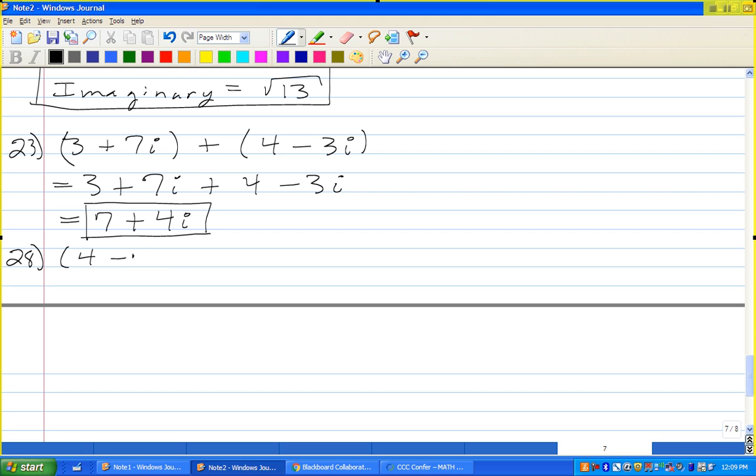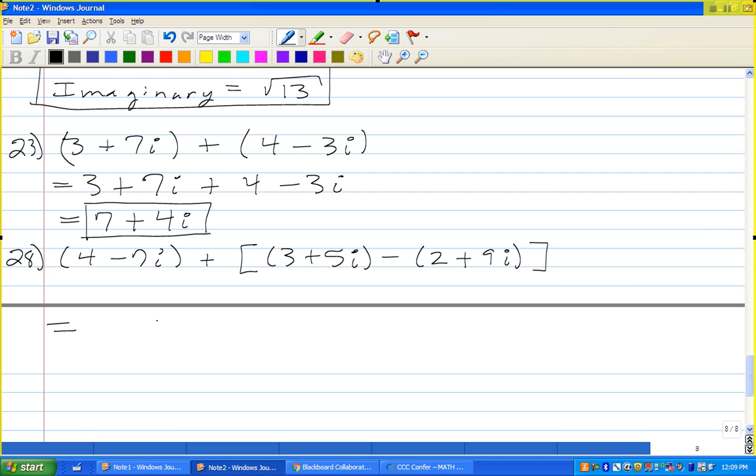Four minus 7i plus 3 plus 5i minus 2 plus 9i. And so I can just get rid of all the parentheses. All we're doing is adding and subtracting. So this is 4 minus 7i plus 3 plus 5i.